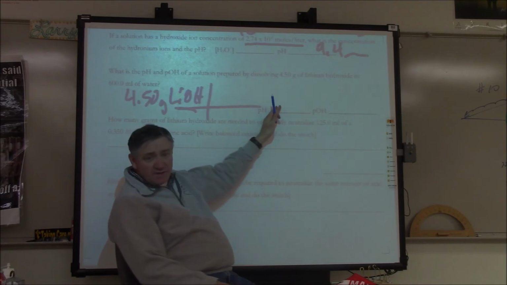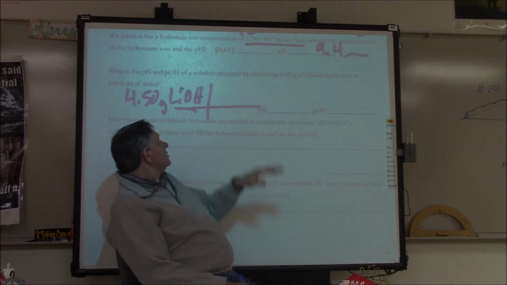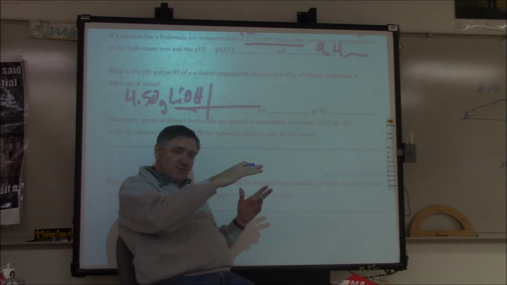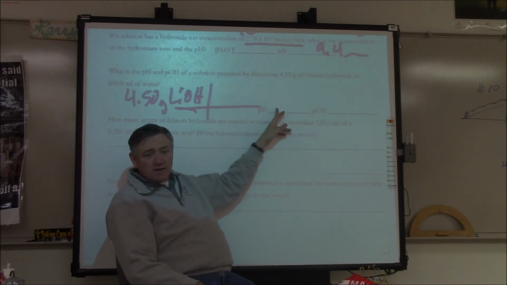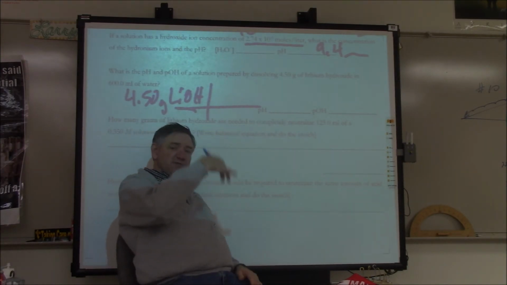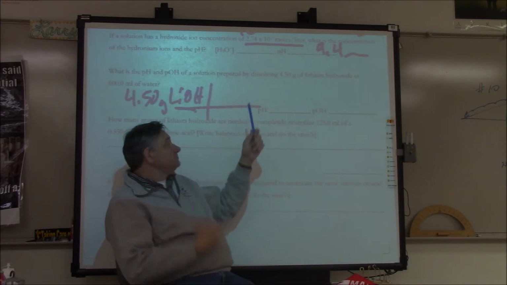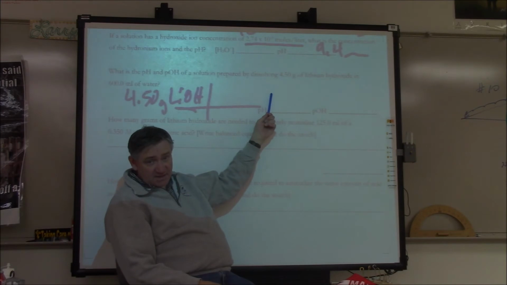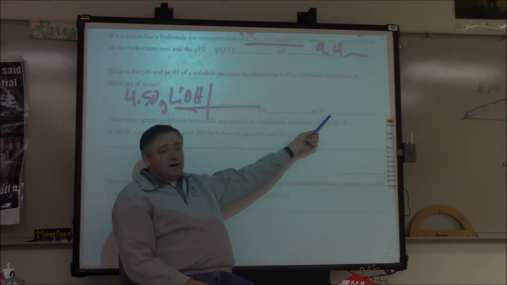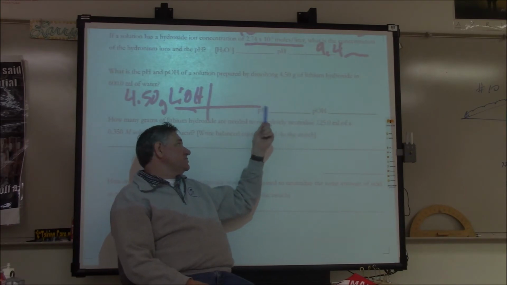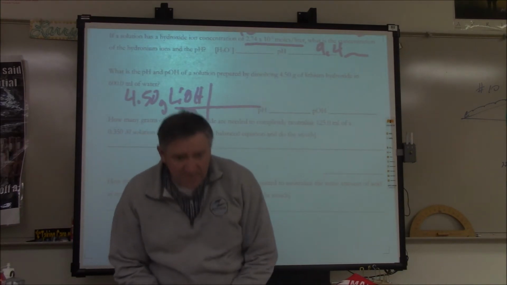Once you find your hydroxide ion concentration, you could take that, divide it into 1.0 times 10 to the negative 14th, get your hydronium ion concentration there, and then take the negative log of that. Personally, if it were me, I'd just find my hydroxide ion concentration, take the negative log of that and get my pOH, and then I would just subtract that from 14 to get your pH.